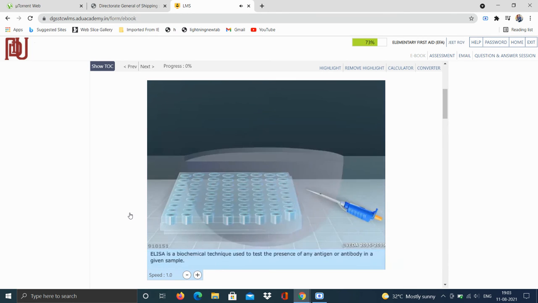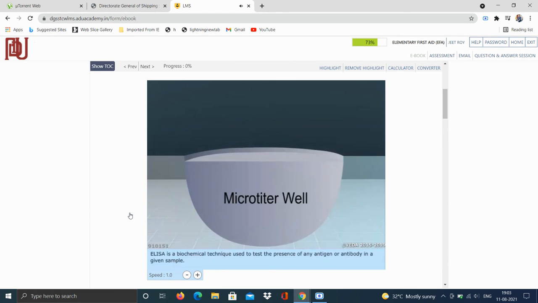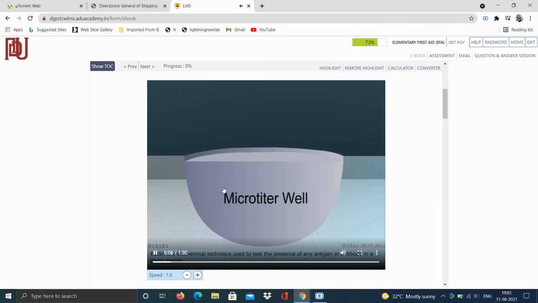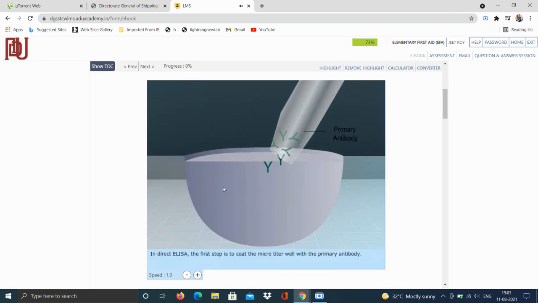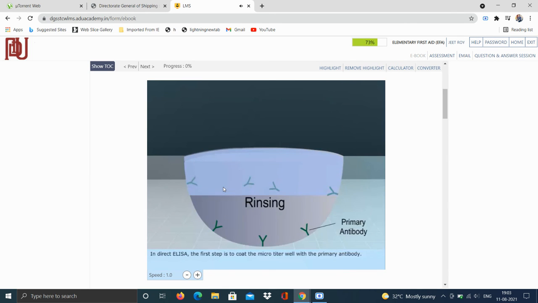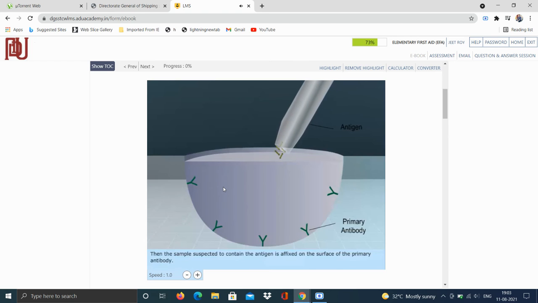ELISA is a biochemical technique used to test the presence of any antigen or antibody in a given sample. In direct ELISA, the first step is to coat the microtiter well with the primary antibody. Then, the sample suspected to contain the antigen is affixed on the surface of the primary antibody.